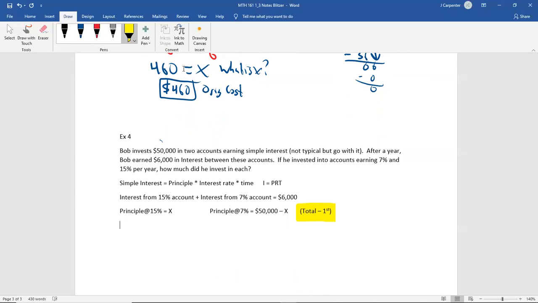So the interest from the 15% account would be the principal times the rate times the time, which is X times the rate, which was 15% or 0.15 as a decimal, times the time, which is 1 year. PRT. And let's just clean that up. 0.15 times 1 is 0.15. It's better to have that in front of the X, so we get 0.15X.